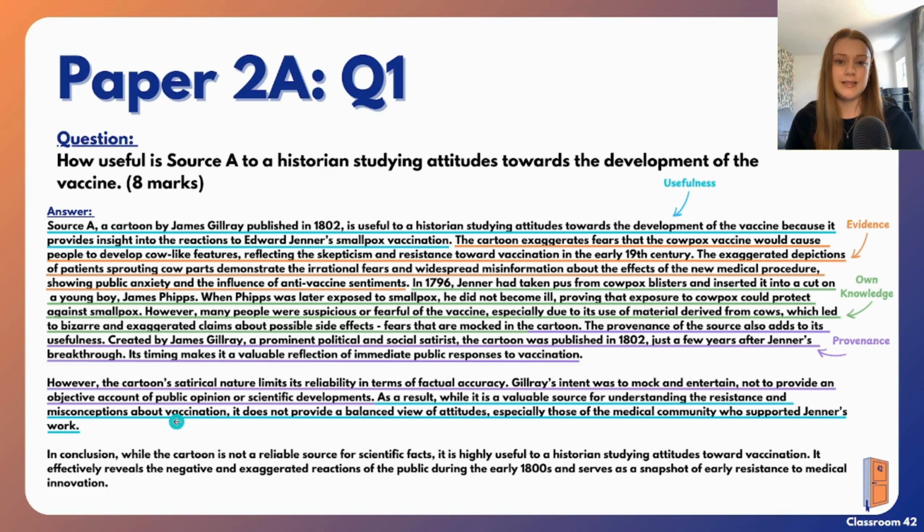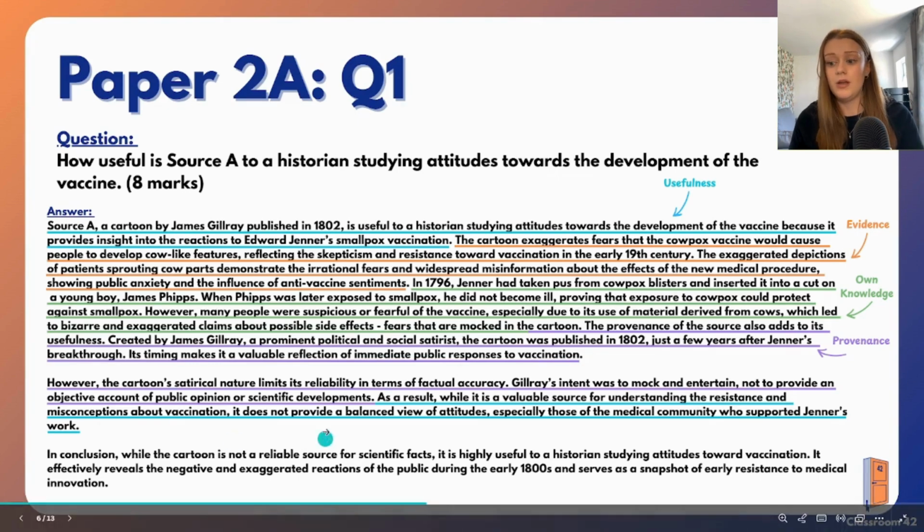That's a really easy way to talk about a source's limitations: mention that it doesn't show both sides of the argument. You can always say, however, I know that certain people agreed with this event. For example, some attitudes towards the development of the vaccine were positive, so it doesn't show the full picture. That's always a great way to talk about a source's limitations.